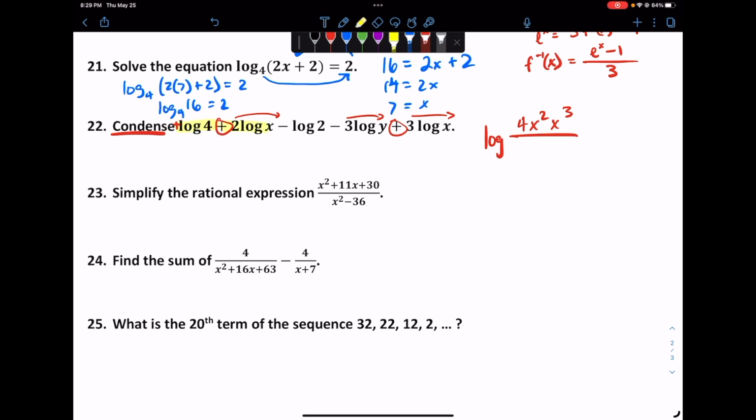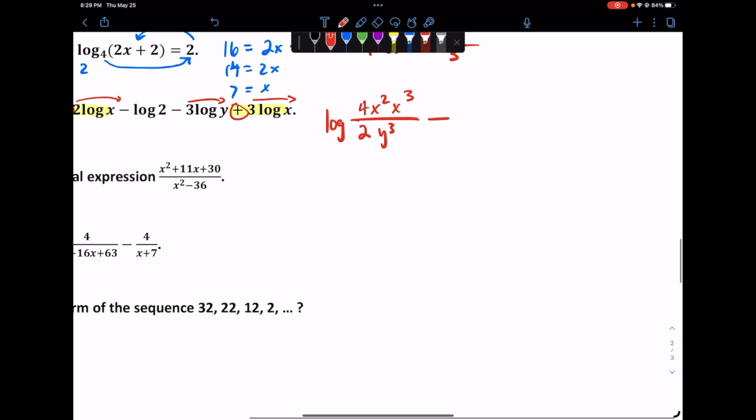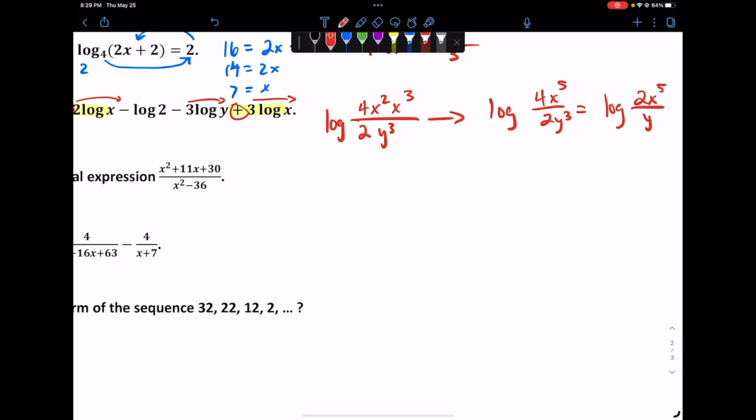Positive, positive, positive, and then the negative ones will be 2 and y to the third. So if we simplified that, that's going to be log of 4x to the fifth over 2y to the third, and we can simplify the 4 over 2, so we've got log of 2x to the fifth over y to the third. That's our final answer.